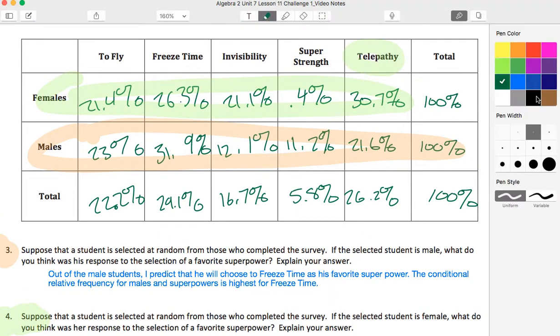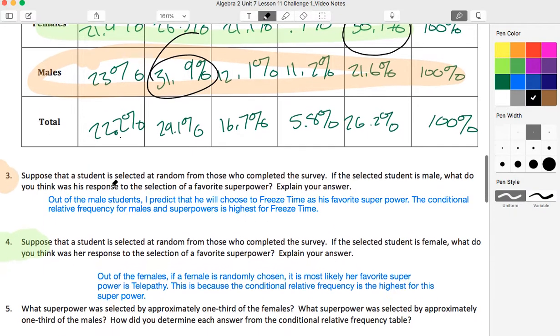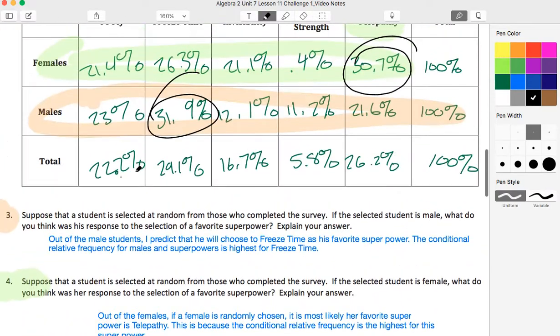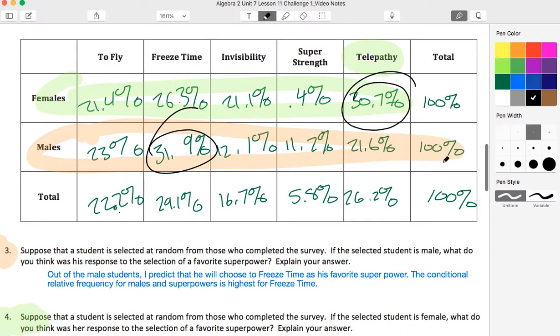Let's go find 30%. 30% for females, it was telepathy. 30% for males, it was freeze time. Seems like we're talking about the same two superpowers. You see how I just scanned this row and asked which one has 30%? This one. And for females, which one has 30%? This one. I did not choose this, I did not choose this, because they specifically asked me for a condition for females and males.